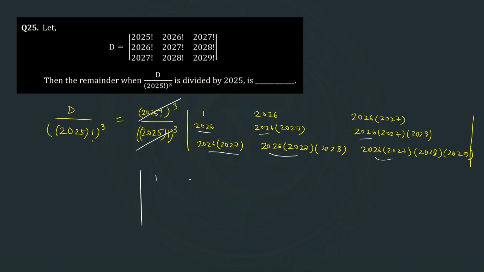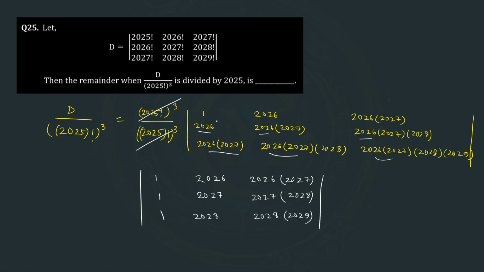So this will be equal to 1, then 2026, then 2026 times 2027, then 1, then 2027, then 2027 times 2028, and here it will be 1, then 2028, then 2028 times 2029, and outside the determinant there will be a term 2026 multiplied with 2026 times 2027. So basically 2026 whole square times 2027. Now we have to simplify this determinant.